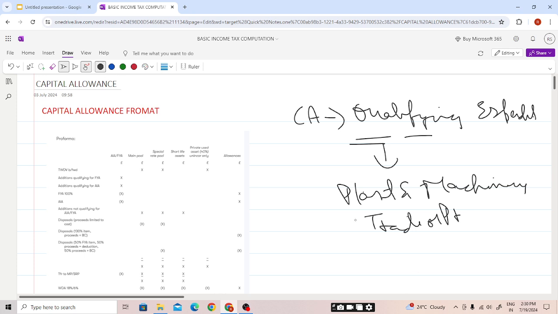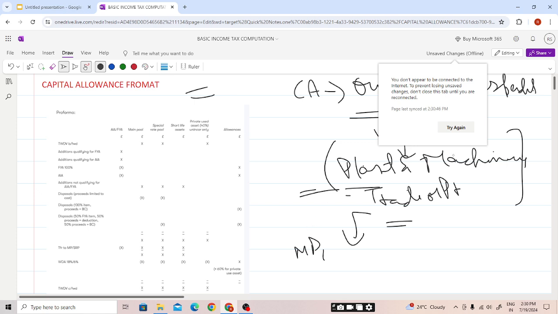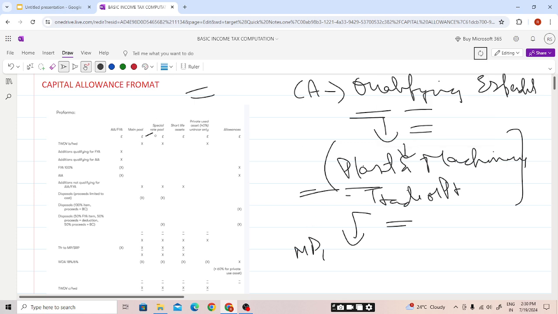Now students, coming to the format of capital allowance. The assets which we have purchased, that is qualifying expenditure, the plant and machinery, we need to divide into 4 pools, that is main pool, special rate pool, and short life asset and private use asset pool. So students, these are the 2 main pools in our course.